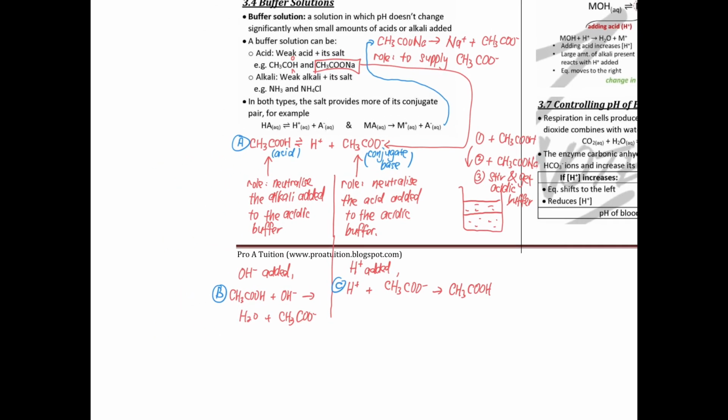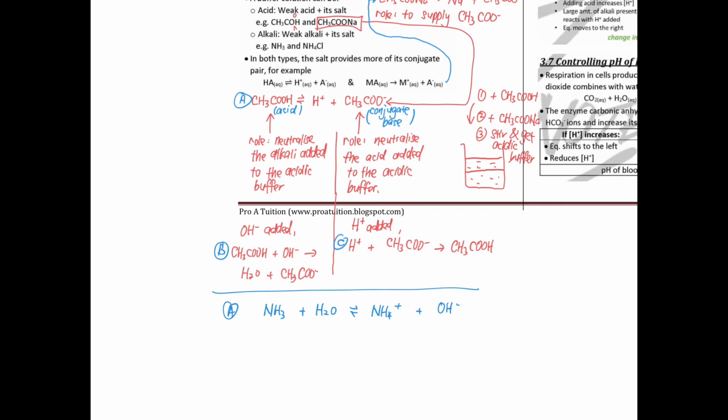Okay, so let's say A, ammonia. Ammonia, the equilibrium equation, you have to write H2O. Then they become NH4 plus and OH minus.